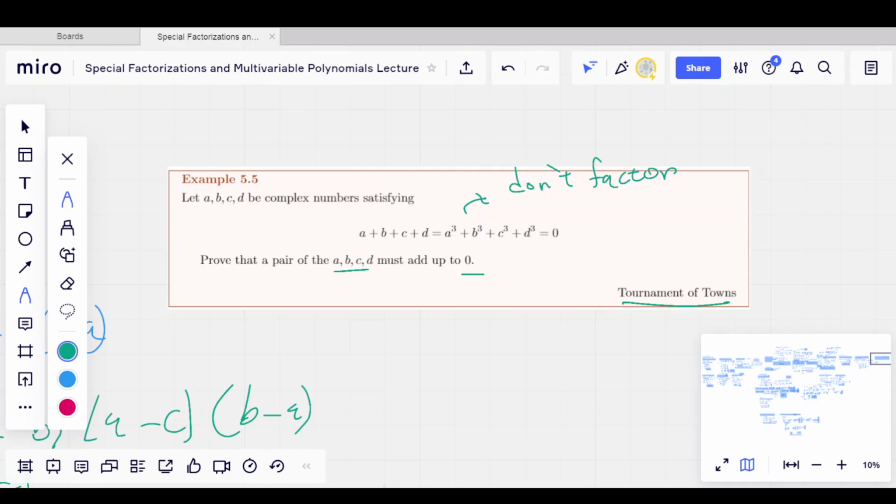Okay, it'll take 1 more minute to solve. Yeah, I agree that this one was tricky.